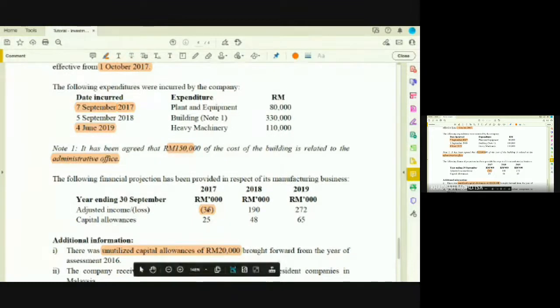Your CA here could be from office equipment as well. Remember, for ITA, not all the capex is qualifying. So if you are given the CA, you just compute lah. Unless it's clearly stated to compute the CA excluding this item, then you have to compute. But in this case, it's not mentioned. So your CA, you just take from the information provided here.